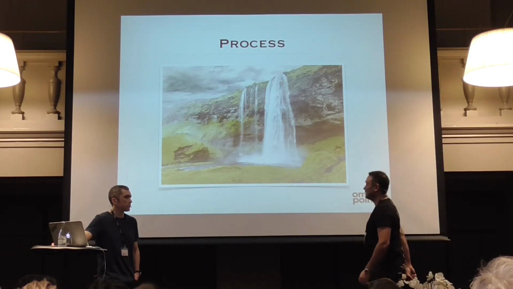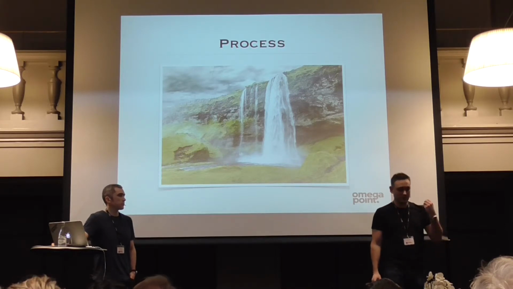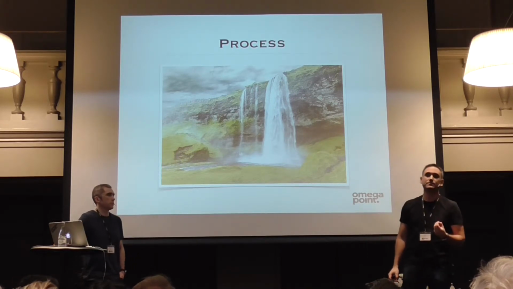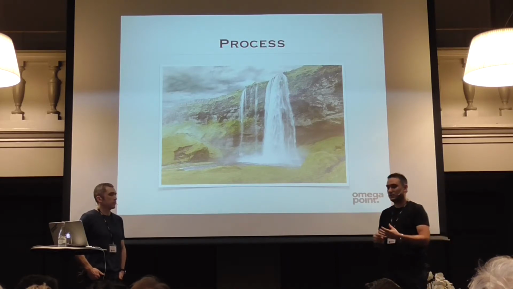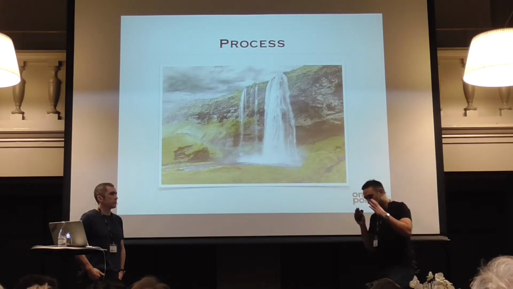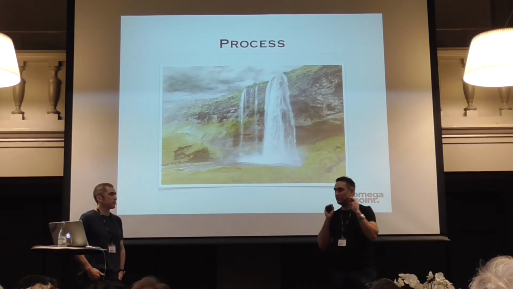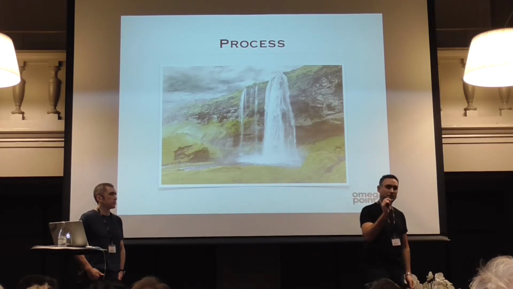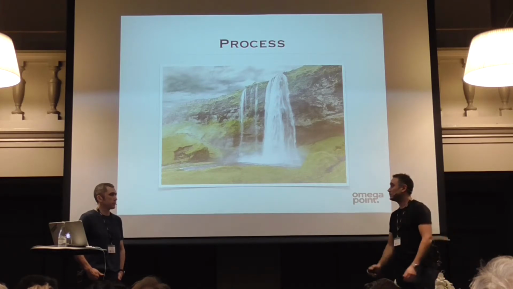So the key here is that you really need to start making a cultural shift in your organization, right? And your processes need to be adapted to what you need to do. You need to start designing processes that are specialized in delivering business value, not in a sequential fashion.